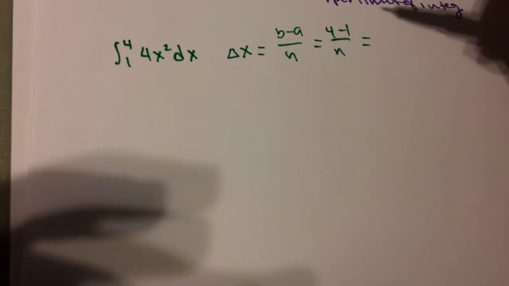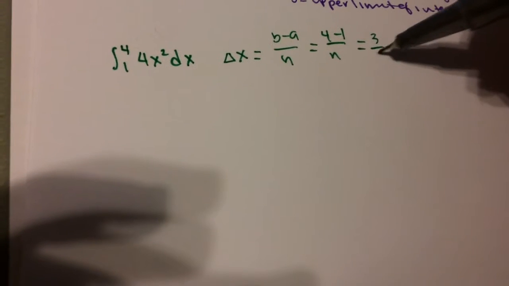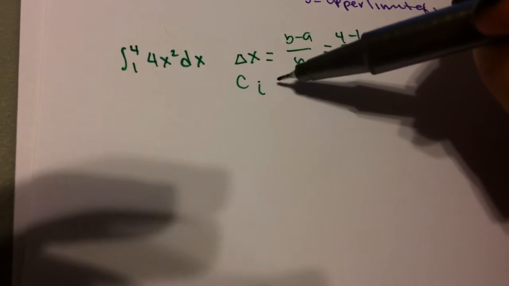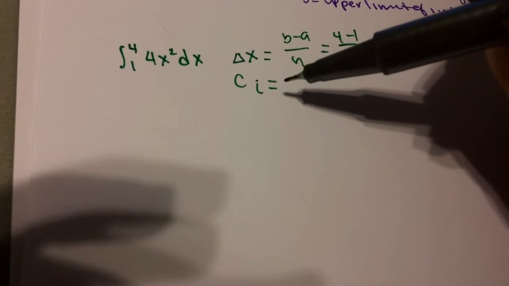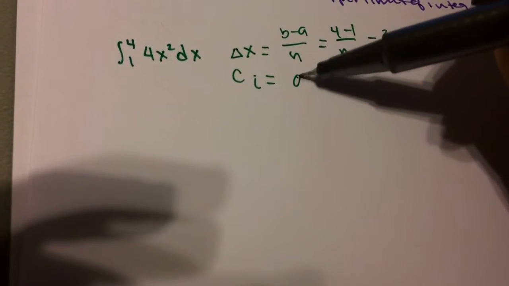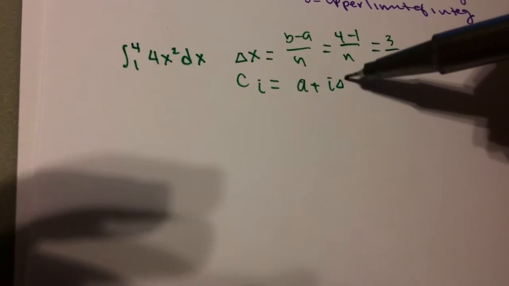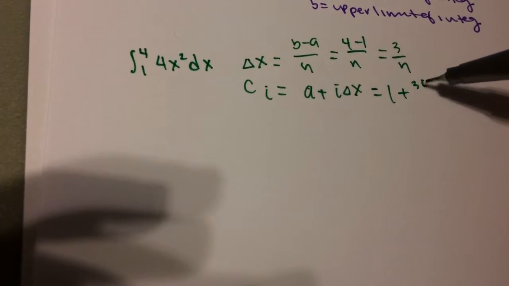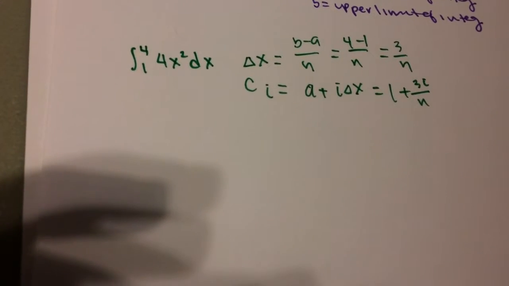We don't have an n for this problem, but that's okay, just keep solving. And then we want to find c sub i, which is a plus i delta x, which equals 1 plus 3i over n.